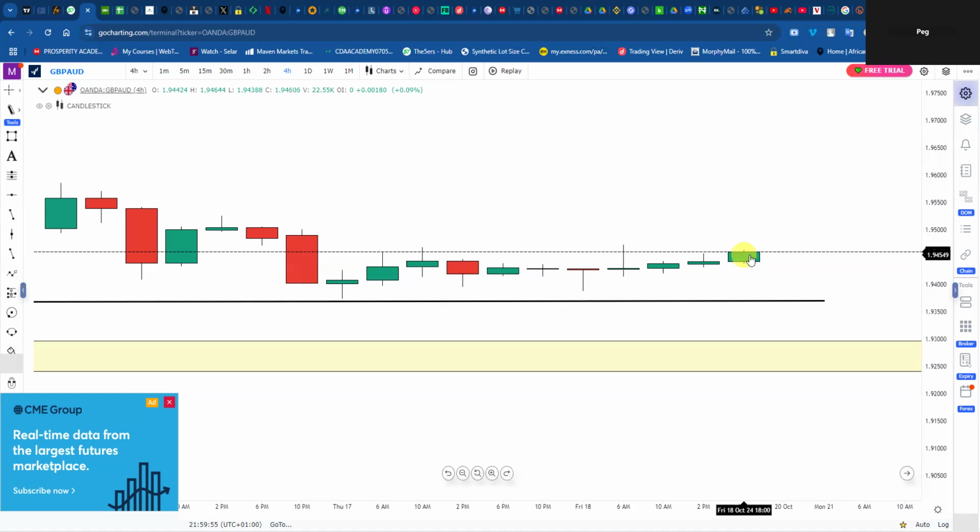That's why the body is small. The large candles tell you that there's so much buying, so much selling pressure. That's why the body of the candle is much bigger than the tails. Look at this body. So this is a very bullish candle.